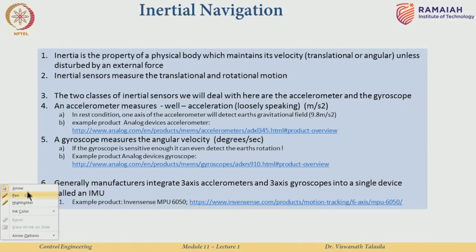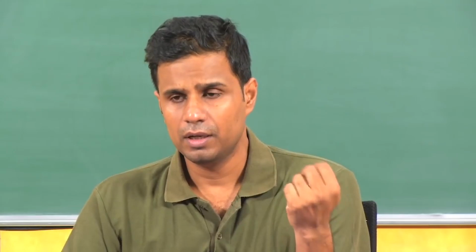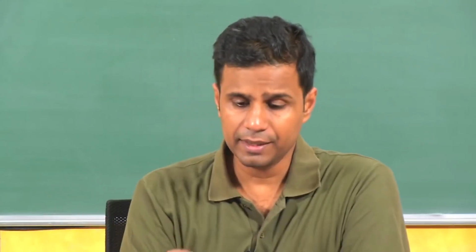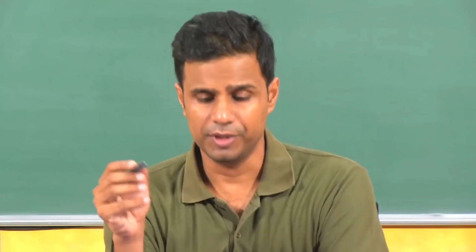Inertial navigation. The reason why it's called inertial navigation is because we use sensors which respond to Newton's laws. Consider an accelerometer or a gyroscope, and these objects have a certain inertia like all physical objects.